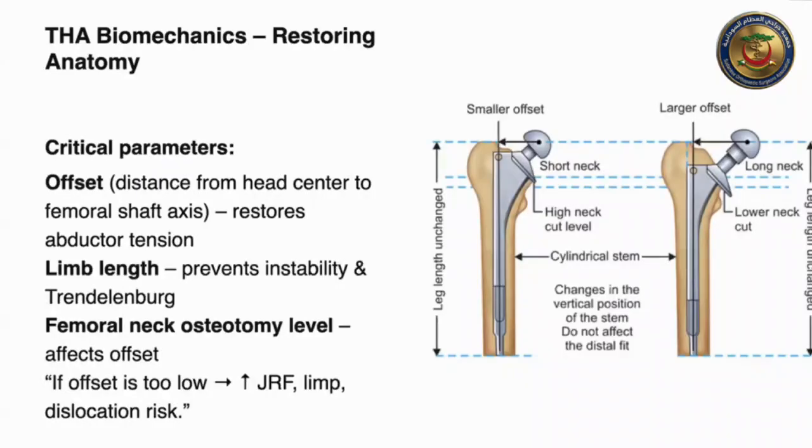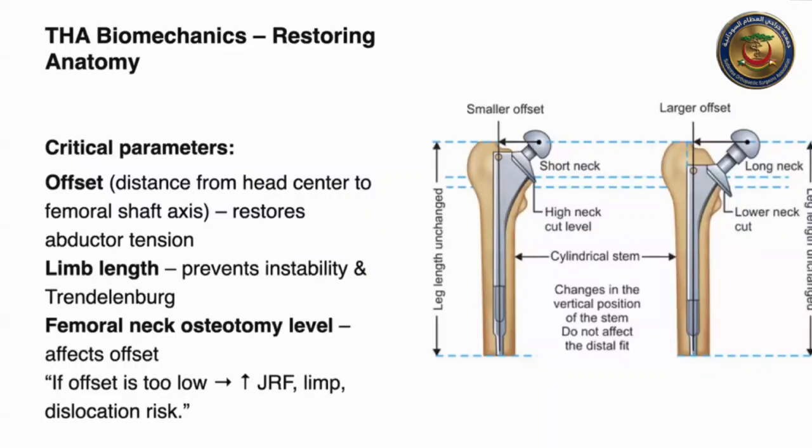So let us apply that to hip arthroplasty, or total hip replacement biomechanics. We have very important parameters in hip arthroplasty. The first one is the offset. The offset is the distance between the head center and the femoral shaft axis.